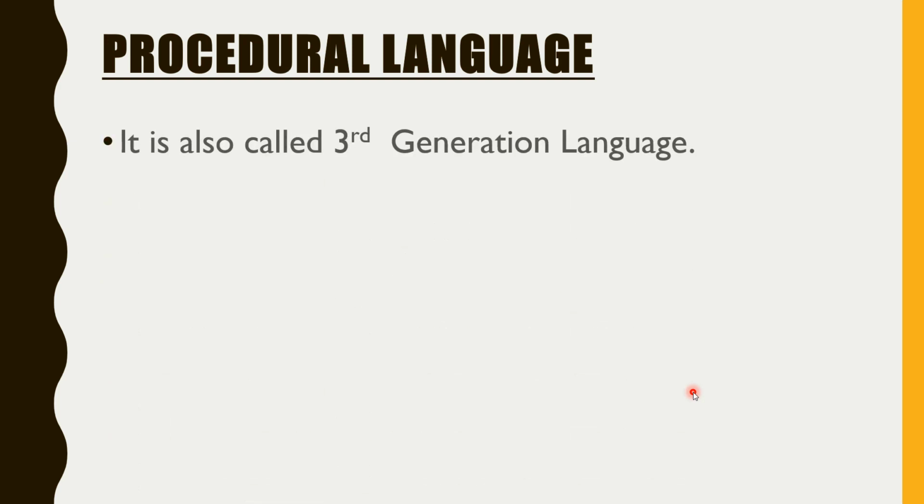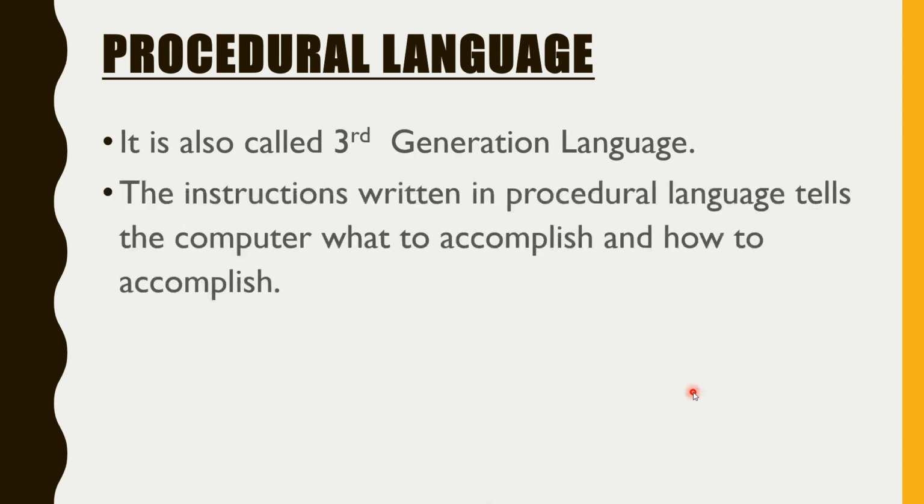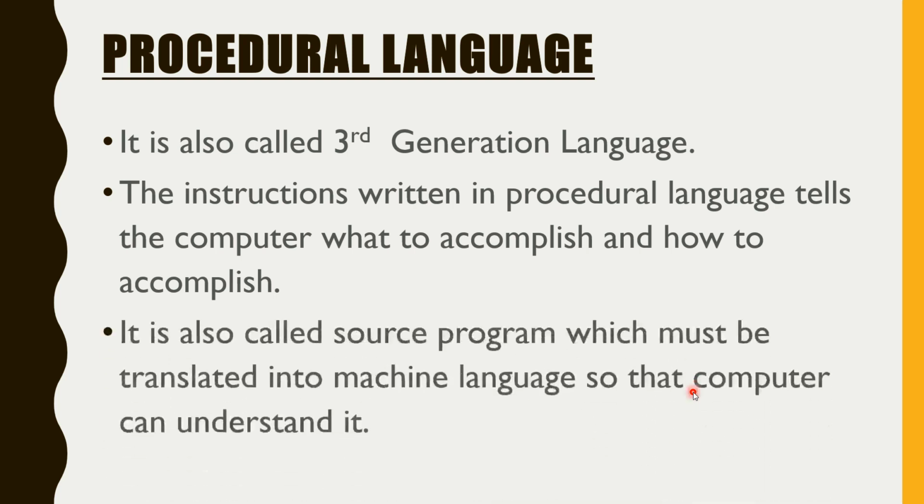A procedural language is also called third generation language. The instructions written in procedural language tell the computer what to accomplish and how to accomplish. For example, this language uses English-like words to make it easy for the programmer to write the program.